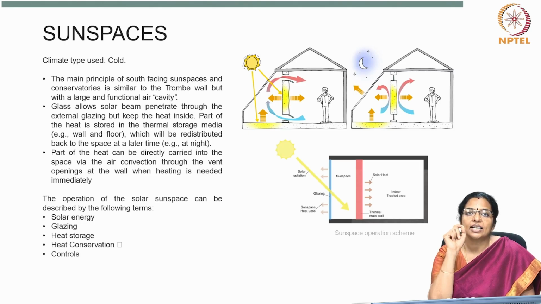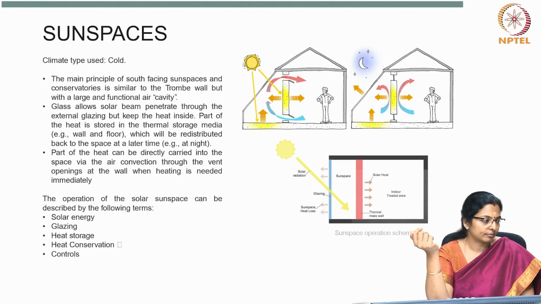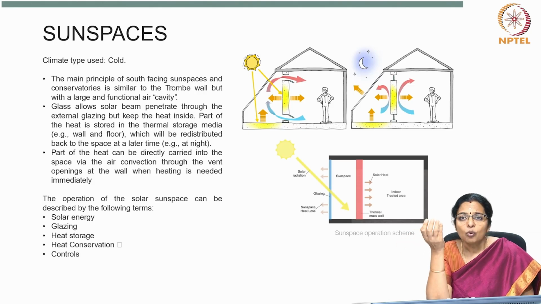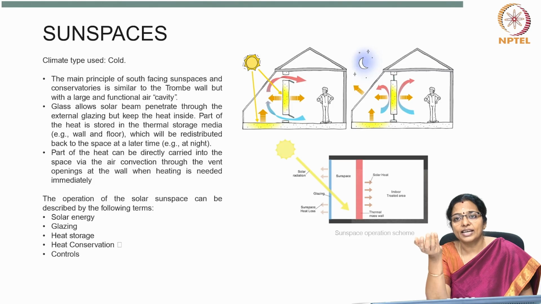The masonry used in the sun space for heat storage needs to have both high heat capacity and thermal conductivity, like say brick or concrete or stone. Water containers: the heat capacity of the water is higher than the materials used in masonry, so they can absorb and utilize higher amounts of solar heat.